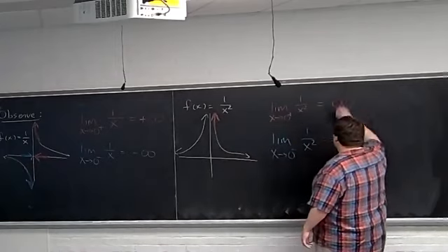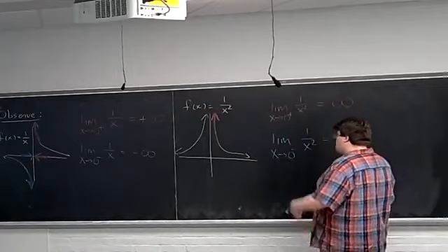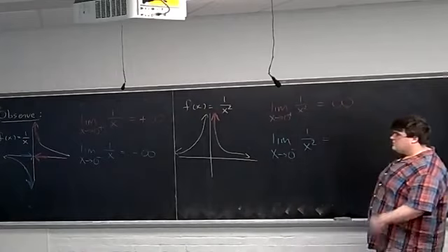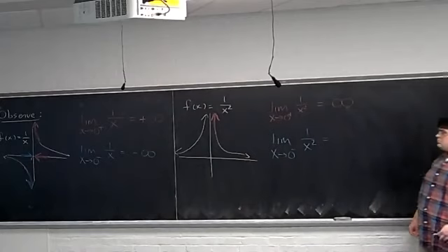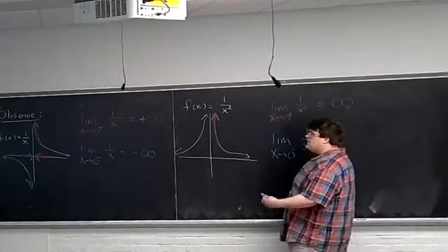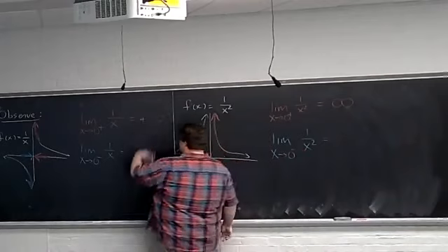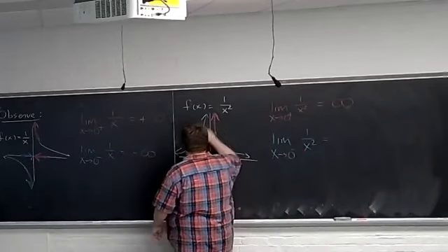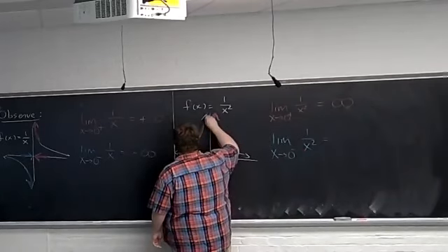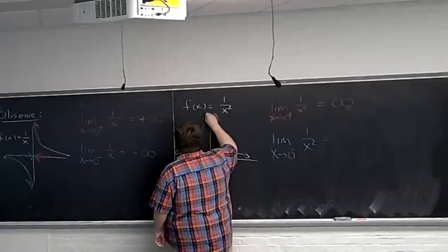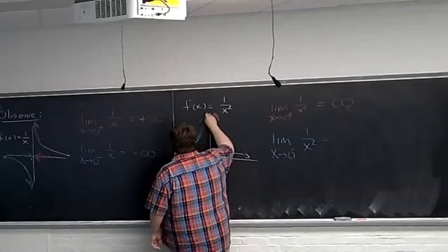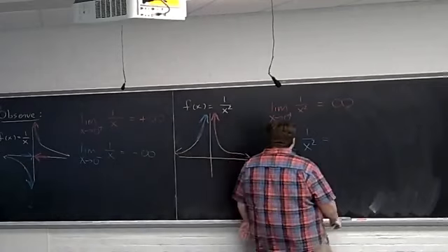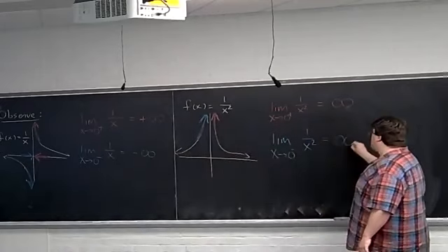Limit would be positive infinity. With positive infinity, we don't write the positive sign. I wrote it in the first one just for illustration purposes. But just like with numbers, if there's no positive sign, we assume it's positive. So on the right of 0, this curve went to positive infinity. On the left of 0, the curve also goes to positive infinity.